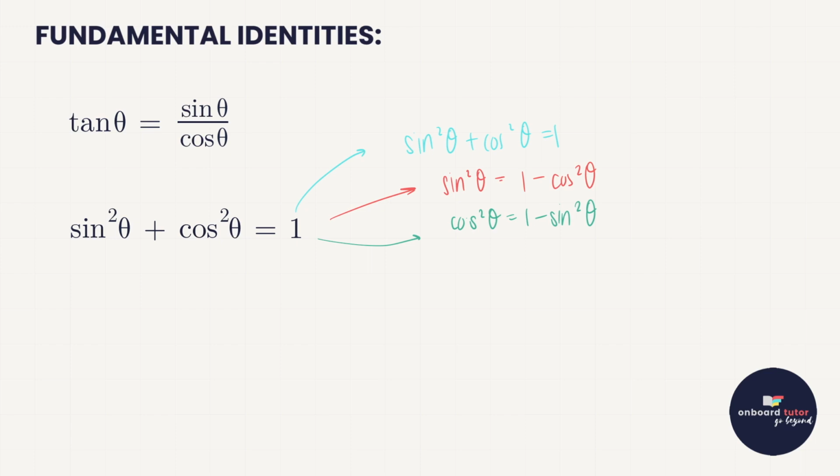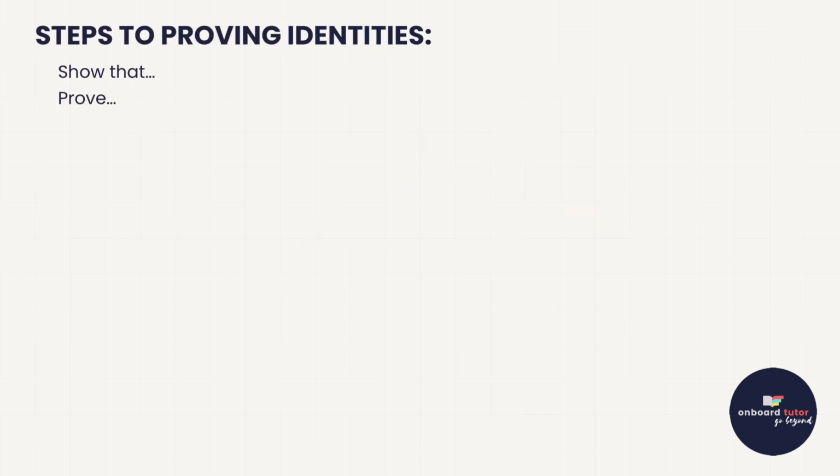Whenever you get tasked with proving an identity, remember you want to change all tans to sine over cos, and you want to keep an eye out for sine squareds and cos squareds because they also provide you with a lot of options. When it comes to proving identities, it's very important that you do this in a mathematically sound way.